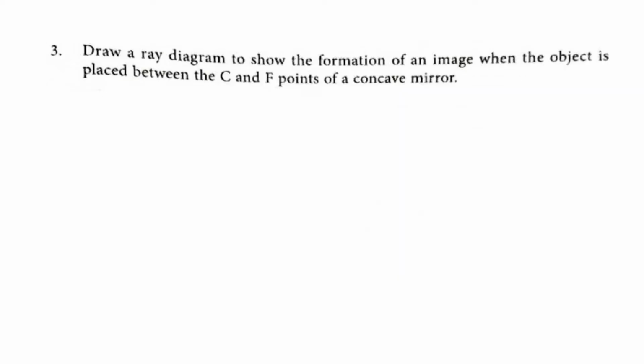Then coming to the third question: draw a ray diagram to show the formation of an image when the object is placed between the C and F points of a concave mirror. When you are taking the object between center of curvature and focal point, where you are going to get and what is the nature, that you have to show with the help of the ray diagram.